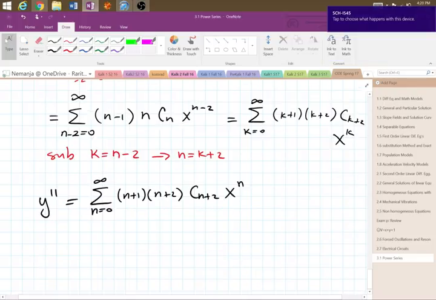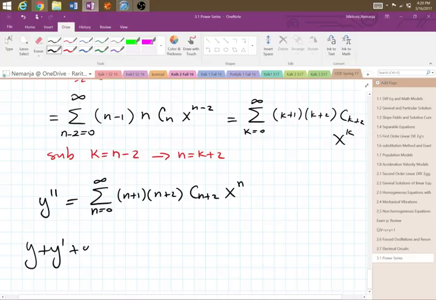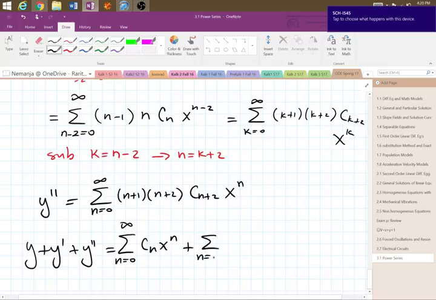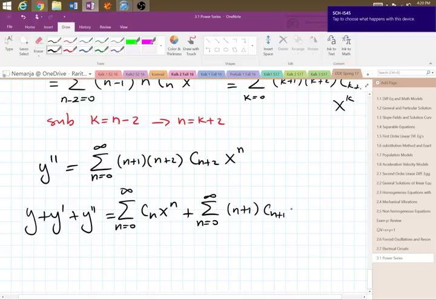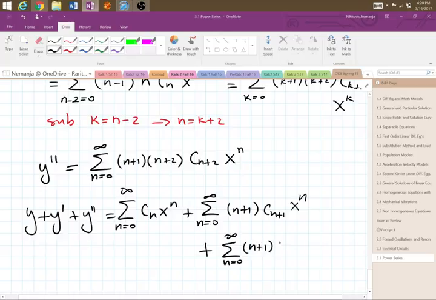Now I can add all of these. So y plus y prime plus y double prime is the summation n goes from 0 to infinity of Cn x to the n, plus the summation n goes from 0 to infinity of n plus 1 Cn plus 1 x to the n, plus the summation n goes from 0 to infinity of n plus 1, n plus 2, Cn plus 2, x to the n.